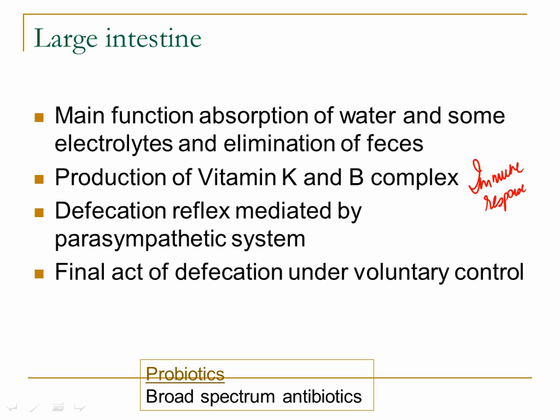Sometimes when you give people antibiotics for a prolonged period, especially broad-spectrum antibiotics, which can act on a variety of bacteria, you're giving a person antibiotics because there's some infection in the body.